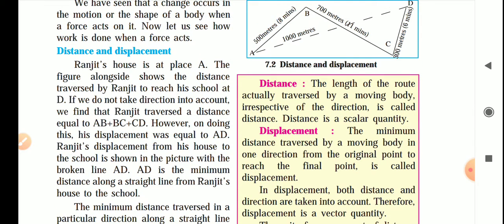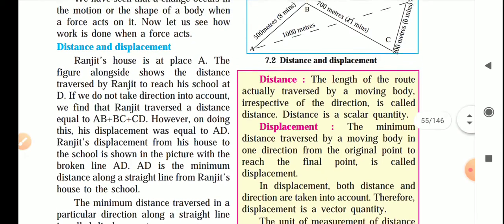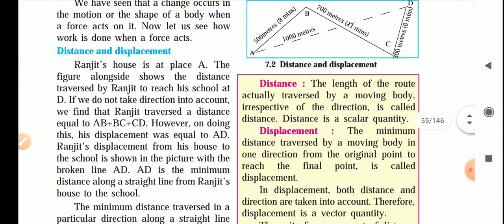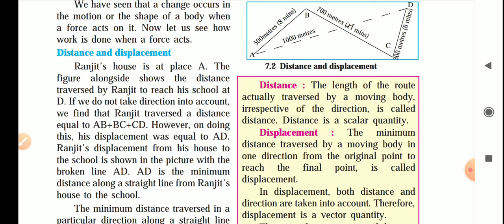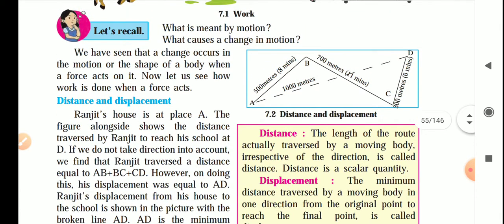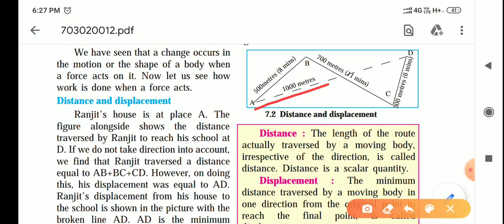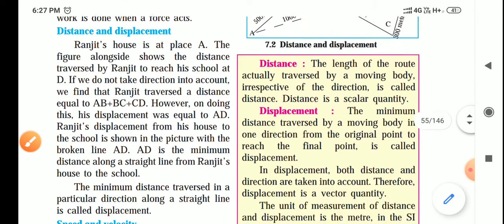In displacement both distance and direction are taken into consideration. Therefore displacement is a vector quantity, so it has both magnitude as well as direction. So here AD will be the displacement, it is 1000 meters.